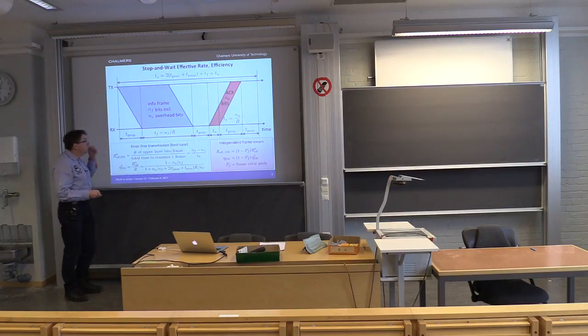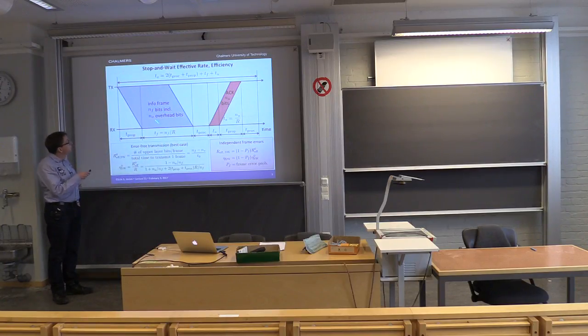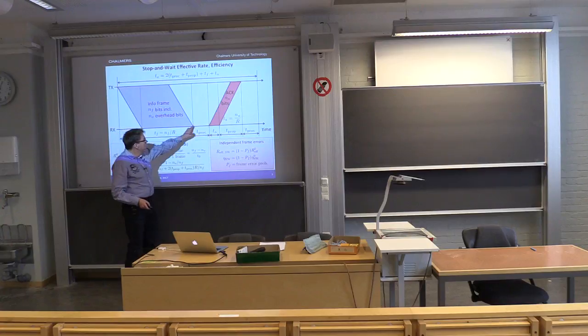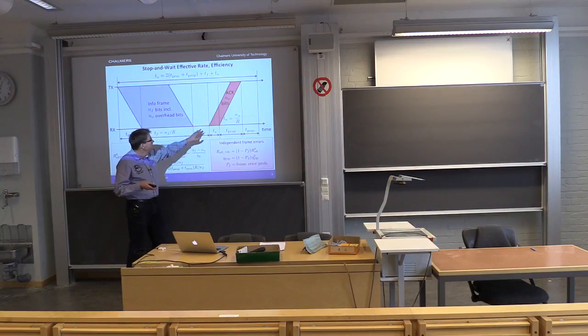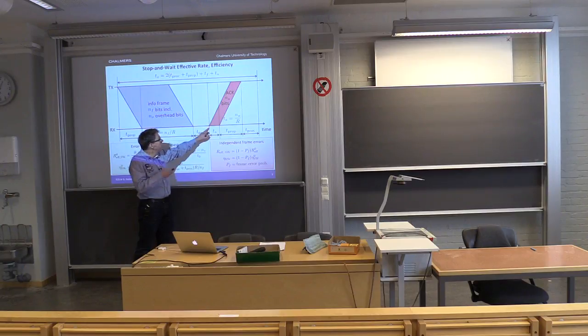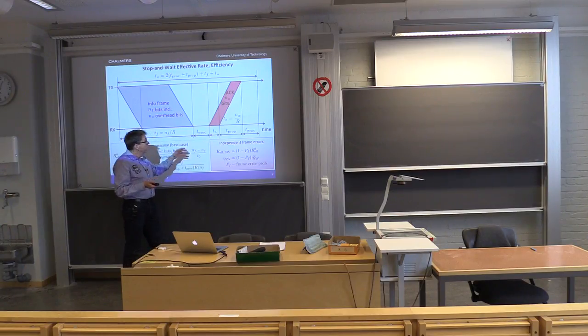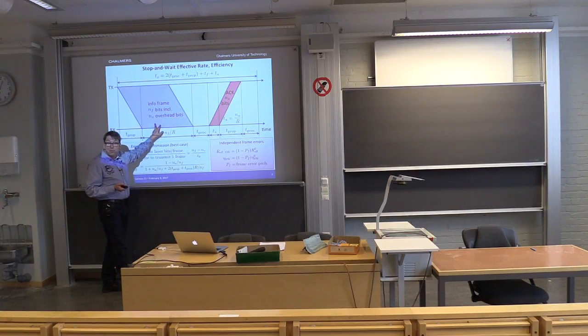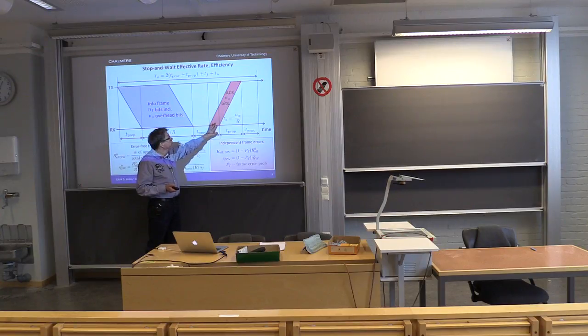Then at the receiving side, at this point in time, the receiver starts to process this frame, checks for errors, sequence numbers, whatever. Then at some point, if everything is okay, it transmits back its acknowledgement. The acknowledgement is typically a little bit shorter than the information frame, because this is a lot of data and this is not so much data.